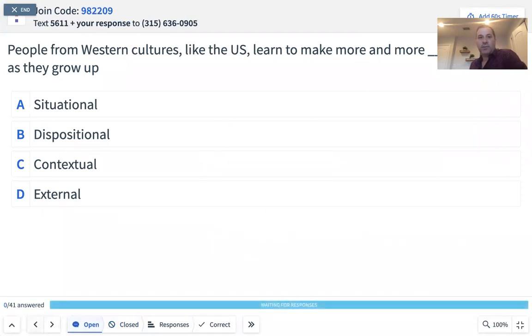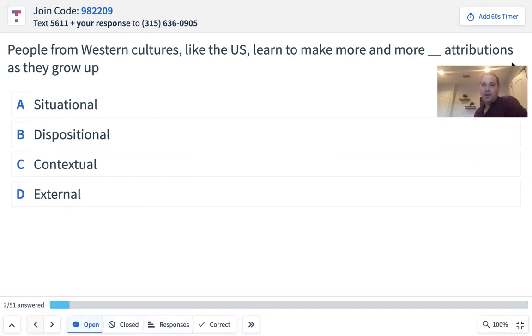Okay. People from Western cultures, like the US, learn to make more and more of what kind of attributions as they grow up? Do they make more situational, dispositional, contextual, or external attributions?